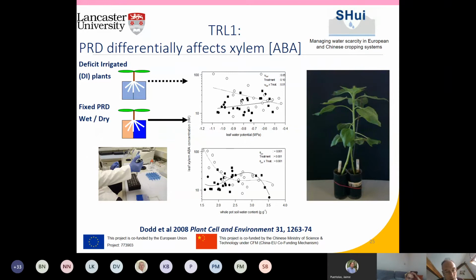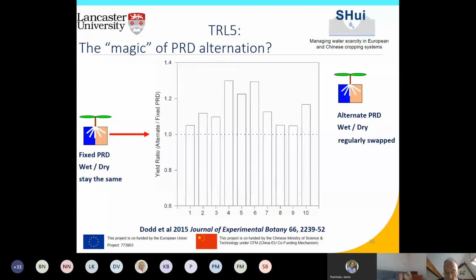Now, under these conditions, the plant essentially behaves as a well-watered plant, even though part of the soil is very dry indeed. And so if that's the case, the plants might be able to sustain stomatal opening, sustain photosynthesis, even as the soil gets considerably dry.